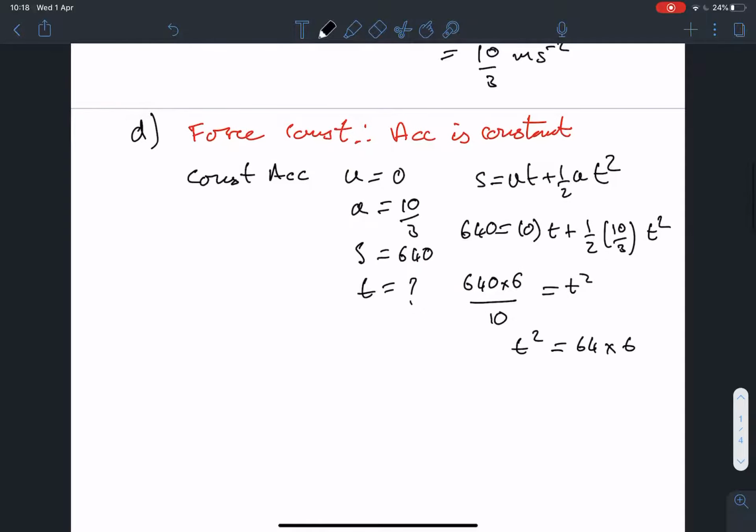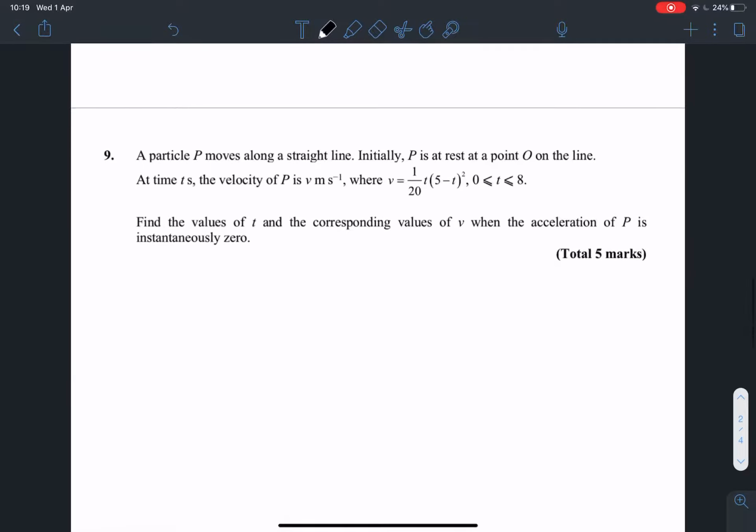Square rooting it makes it nice and easy, because that gives us square root of 64, square root of 6, which is 8 root 6, plus or minus. But in this context, we only need a positive value, seconds. If we tap that in the calculator, it comes out to be approximately 19.6 seconds. There you go.